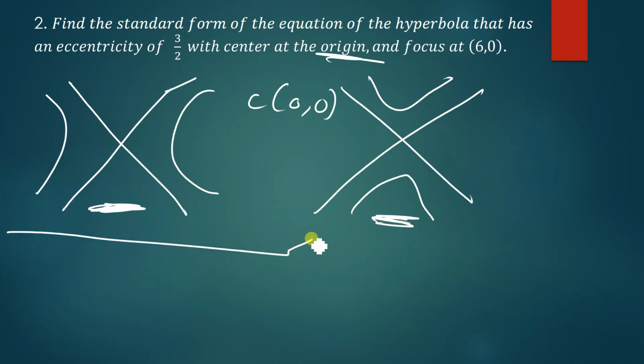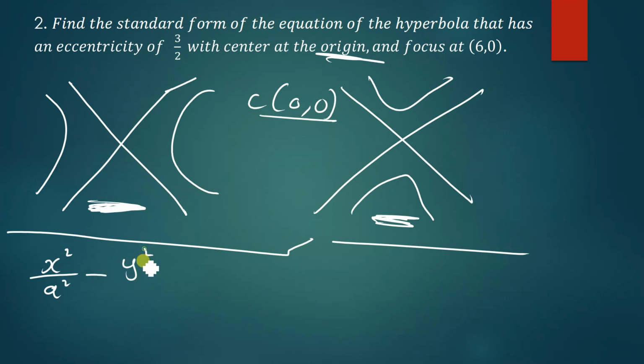So let's write the equations down. For this one, the equation when the center is 0,0 is x squared over a squared minus y squared over b squared is equal to 1.